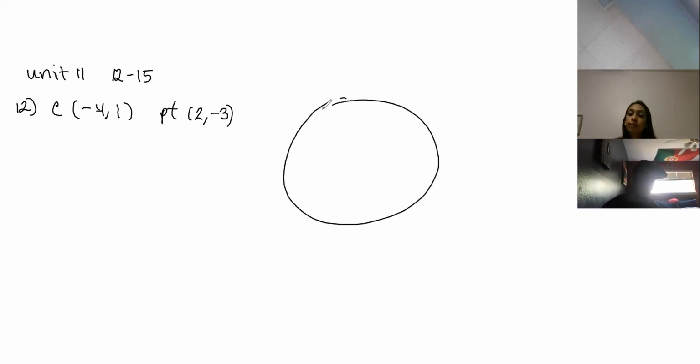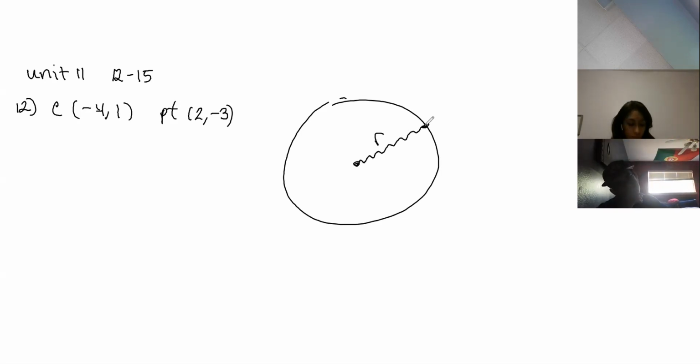Yeah. Okay, so we know the center, we know the point. I'm not gonna plot those points, but if you had the center and a point on the circle, how would you find the radius? What would you say that is?